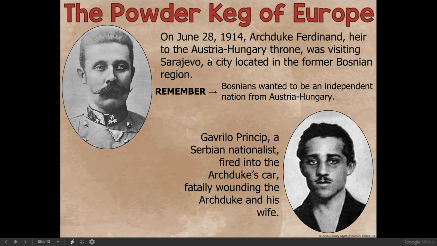Being the heir to the Austria-Hungary throne, that means he was next to become king in Austria-Hungary. And so he was a really important figure. It's like basically he was a prince. And he fires a shot into the Archduke's car, and he fatally wounds the Archduke and his wife. So essentially, he kills them during this parade route that he is on.